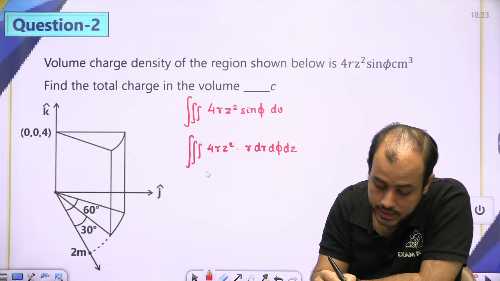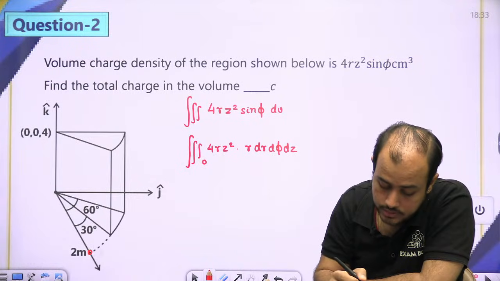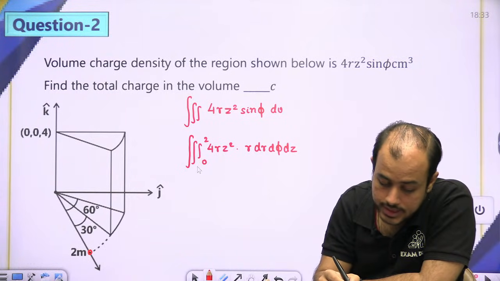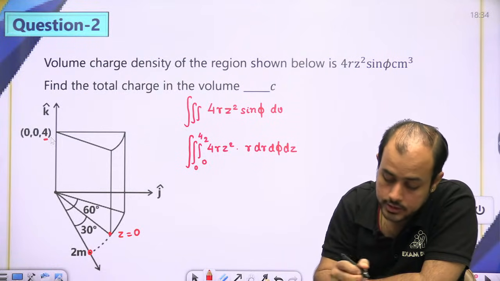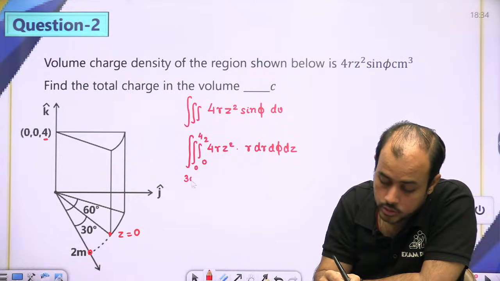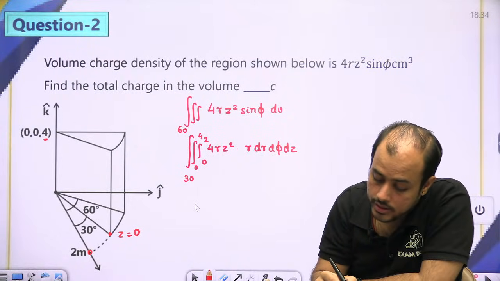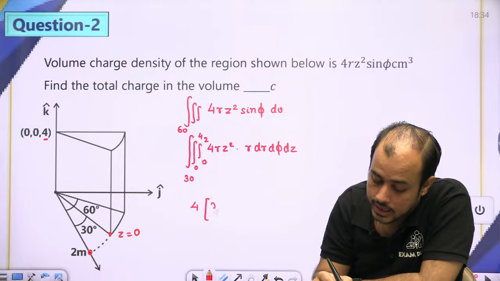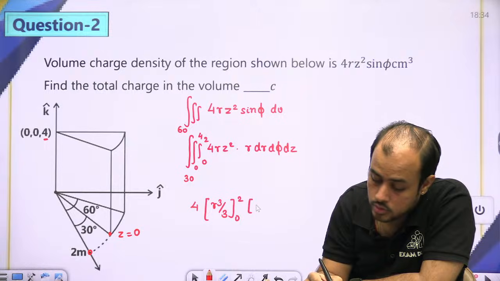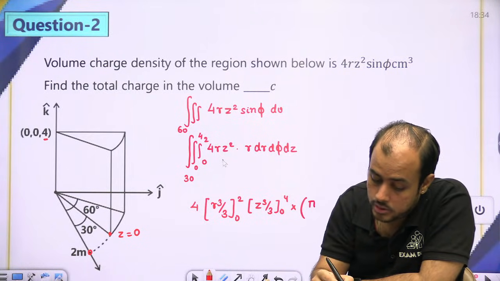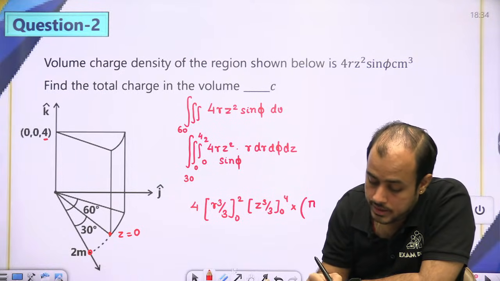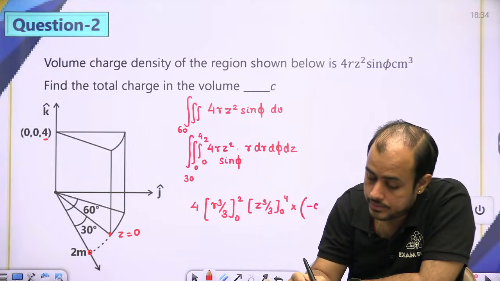Now r is varying from 0 to 2. देखो this 2 meter is the radius, z is going from 0 to 4, and phi is going from 30 to 60. Now integrate everything separately, r square dr, r cube by 3, dz, z square dz, z cube by 3, and then d phi will be pi by 3, sorry sin phi भी तो था, sin phi d phi will be minus cos phi.